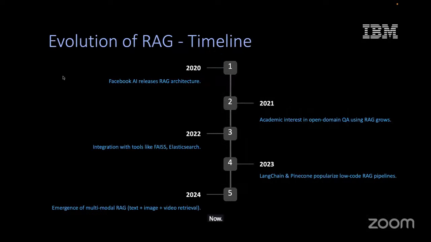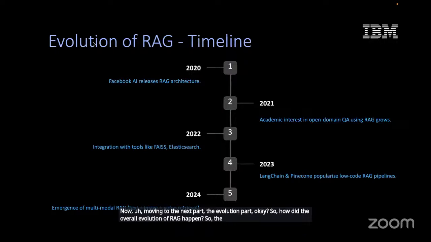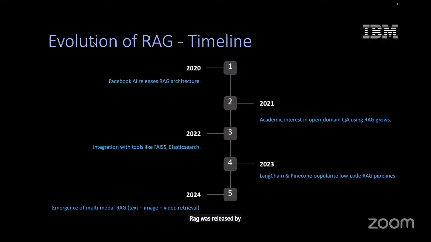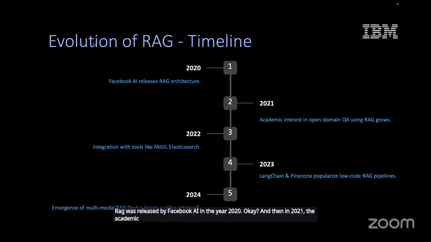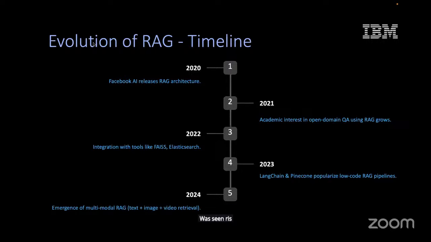Now, moving to the next part, the evolution part. So how did the overall evolution of RAG happen? The first architecture for RAG was released by Facebook AI in the year 2020. Then in 2021, academic interest in open domain question answering was rising, and RAG interest was growing at that time.